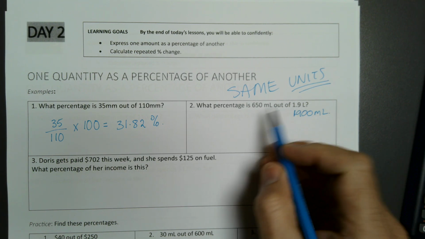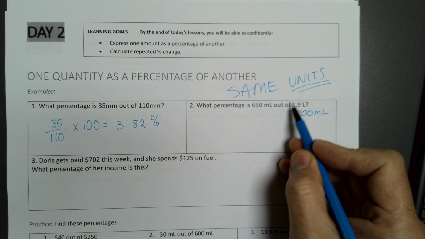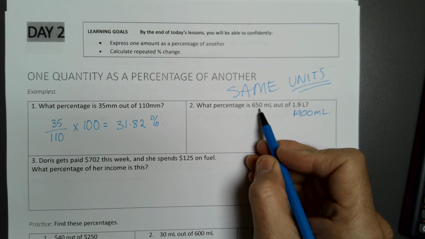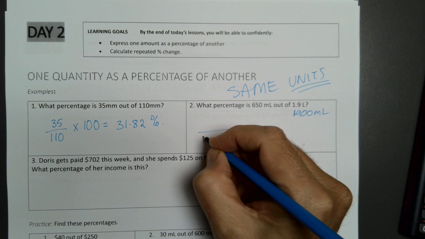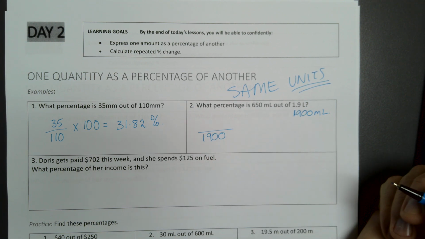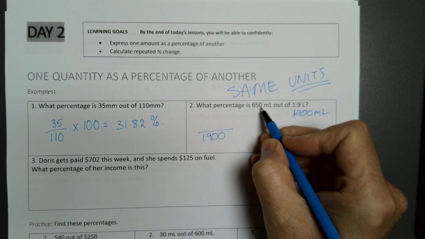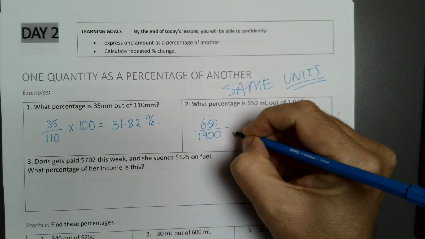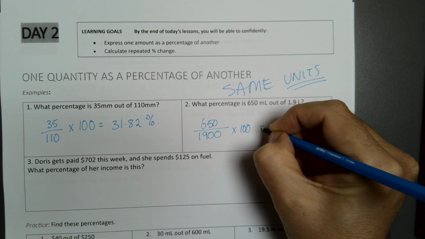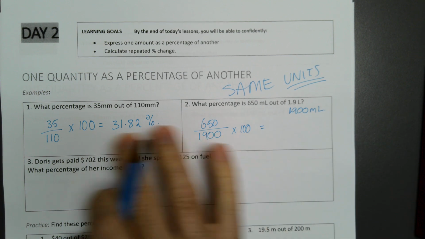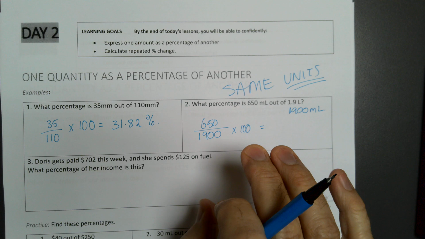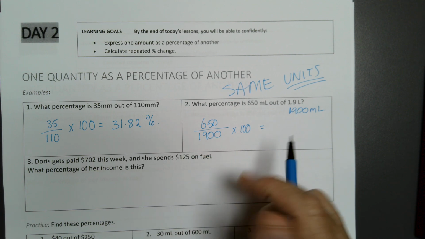So it's like I've got a drum with 1.9 litres in it, and I'm taking 650 mils out, so the original goes on the bottom. I'm doing exactly the same steps. There is no change of steps, regardless of what the numbers look like. Do the same thing every single time.